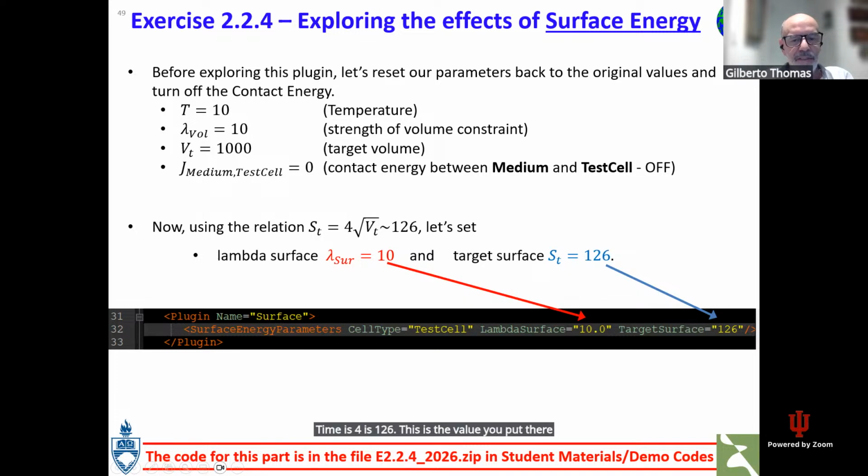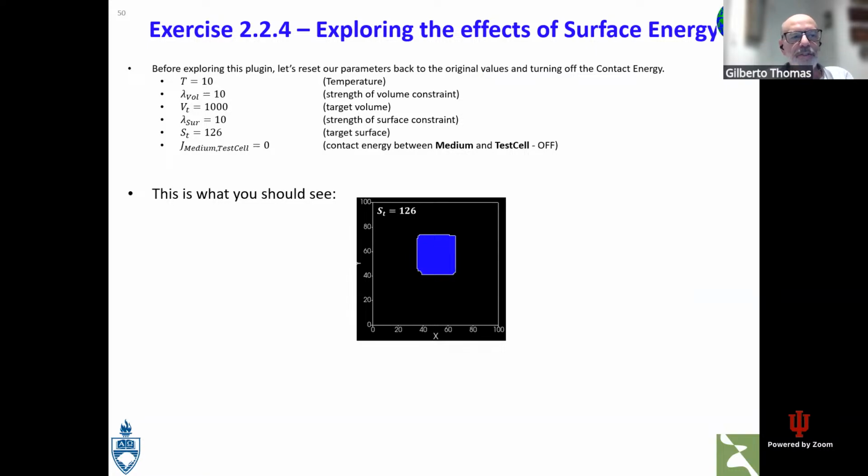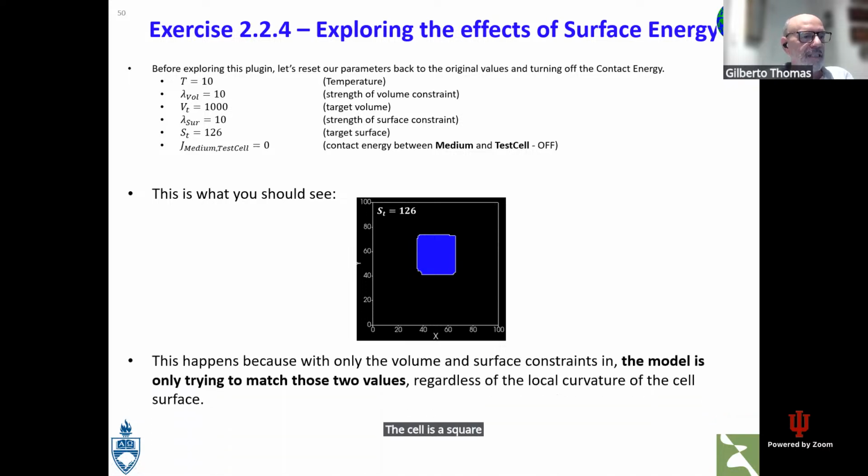Okay, save the simulation and run. It's what you should see. The cell is a square and doesn't change. Okay, it keeps squarish, doesn't move, doesn't change at all. Why? Because we have competition between both plugins.